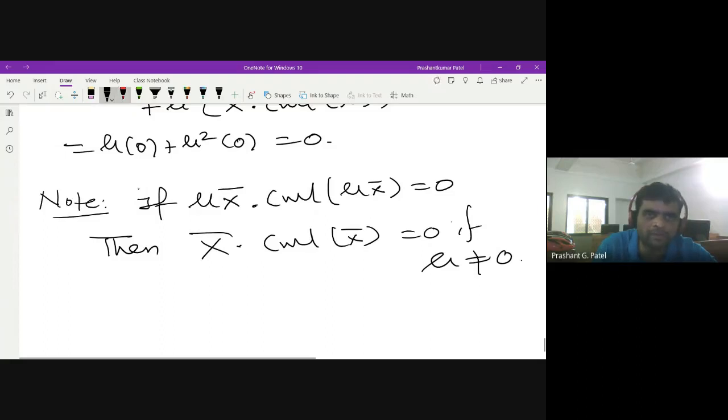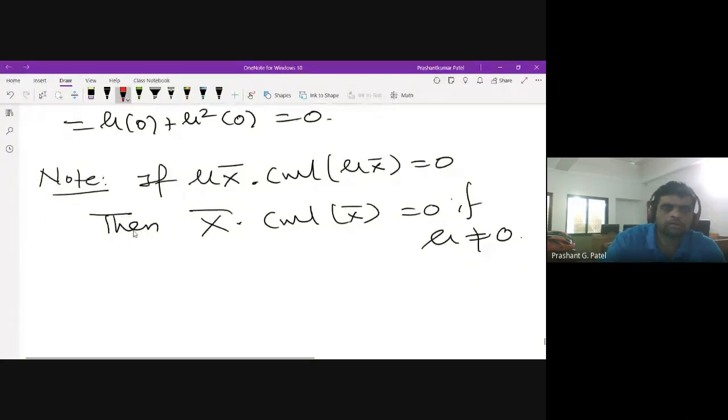Now the main theorem that we are talking about. The theorem is a necessary and sufficient condition that the Pfaffian differential equation is integrable. Okay, this is very important.